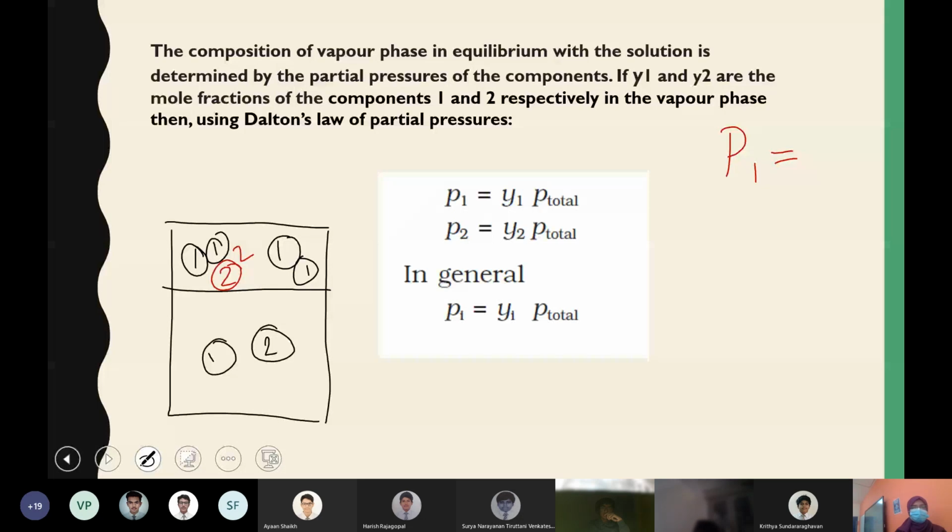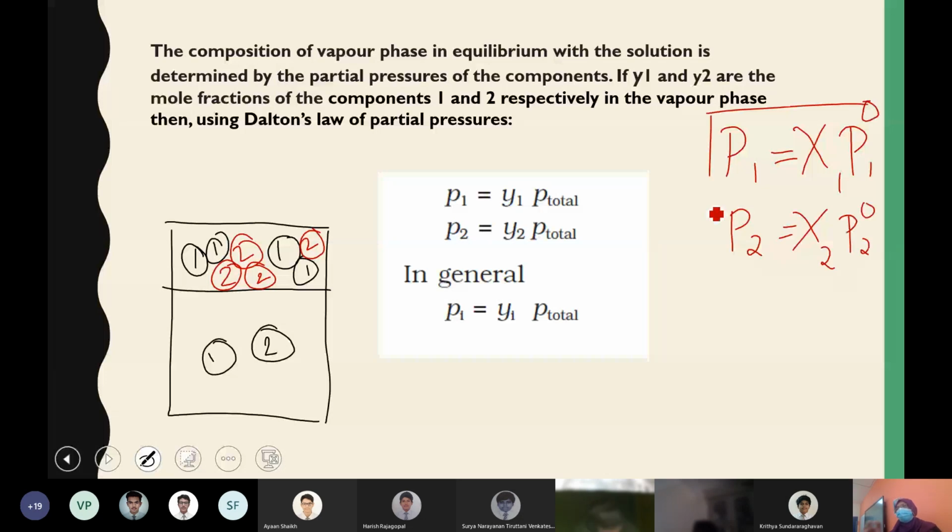That is the partial pressure of component 1 and partial pressure of component 2. Right? So, as per Raoult's law, P1 is equal to chi1 P1 0 and P2 is equal to chi2 P2 0, where chi1 and chi2 are the mole fractions of component 1 and 2 inside the solution.